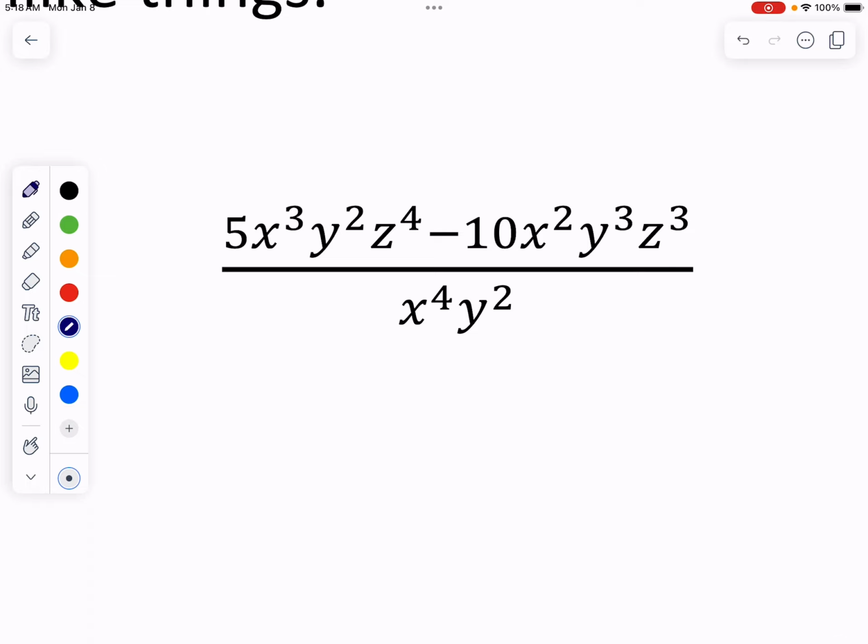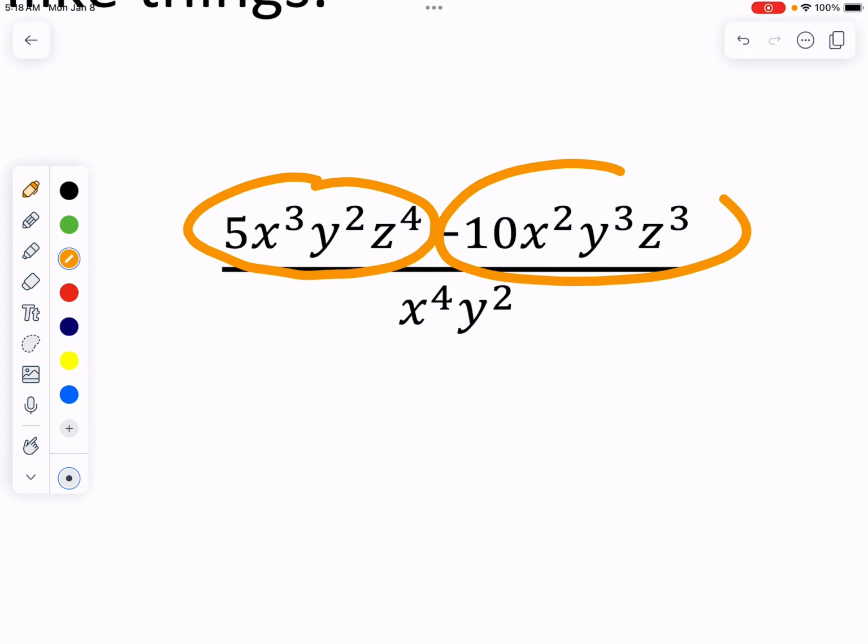Okay, looking for what each term has in common. There are 3 terms. What does every term have in common? Think about it for just a moment. Hopefully you said that each term has an x and a y. Let's figure out how many x's and y's they have in common.